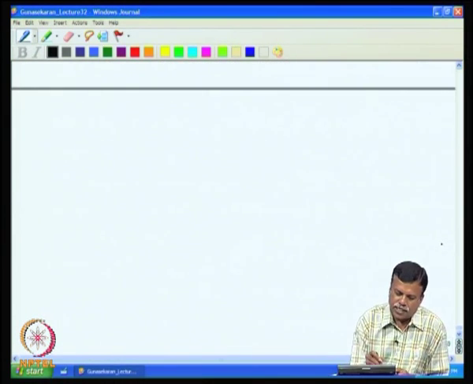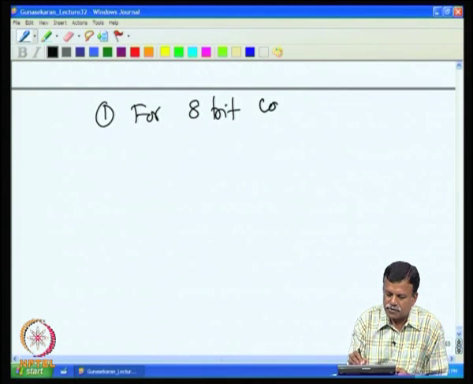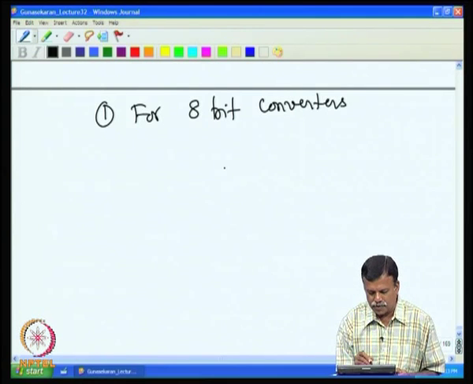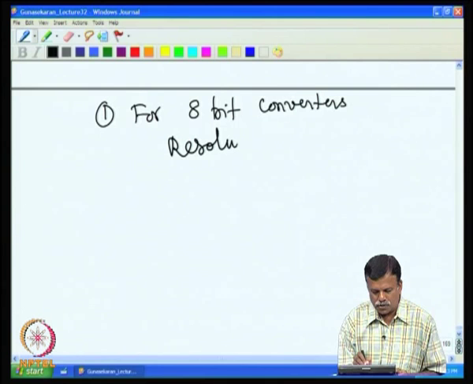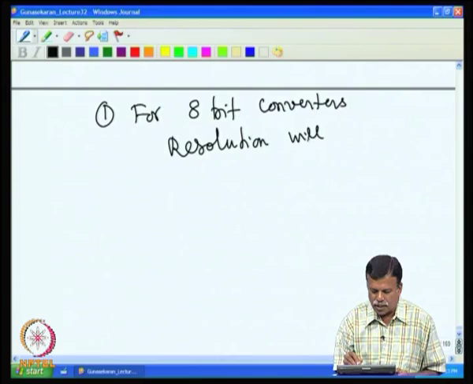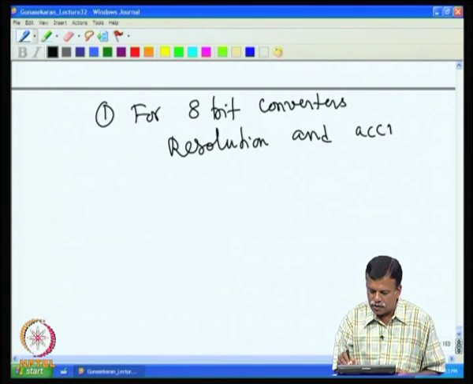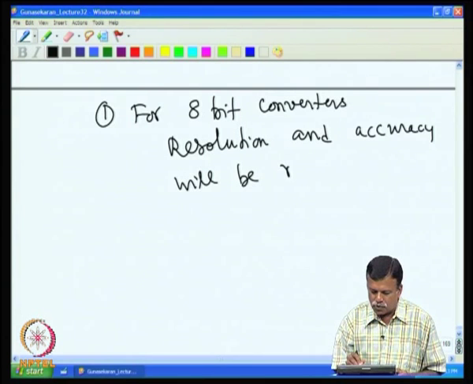So, the lesson is that for 8-bit converters, resolution and accuracy will be more or less the same.